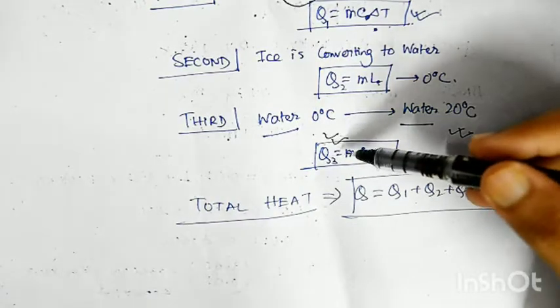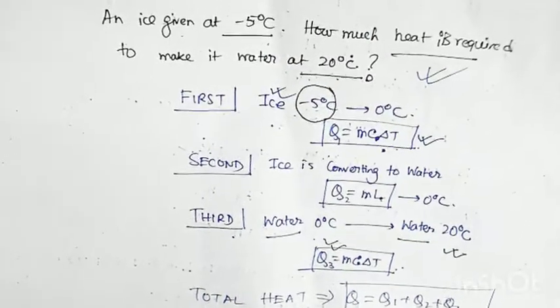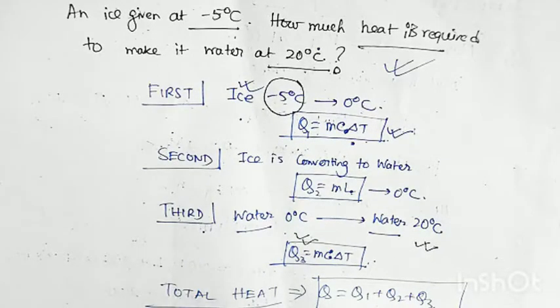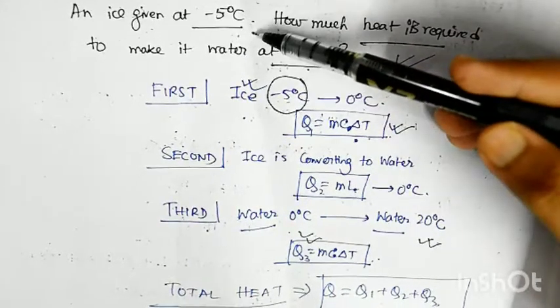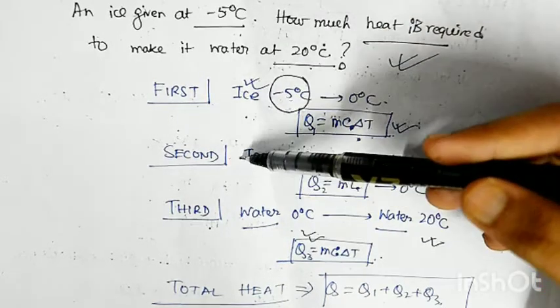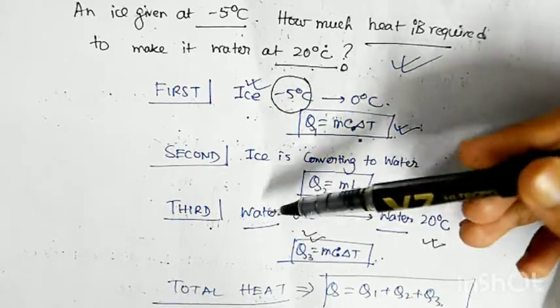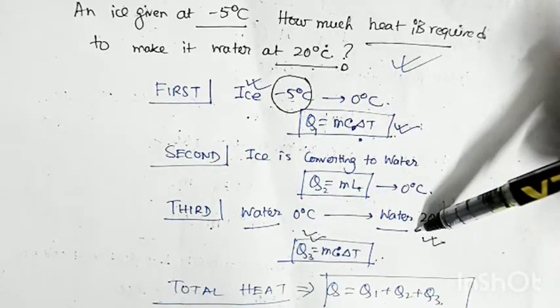And we calculate Q3 equals mc delta T for the heat required for the temperature increase. So you can see that the whole thing happens in 3 steps. First, the ice given at minus 5 degrees centigrade is heated up to 0 degrees centigrade. Then the 0 degrees centigrade ice is converted to 0 degrees centigrade water. Then 0 degrees centigrade water is heated to 20 degrees centigrade water.